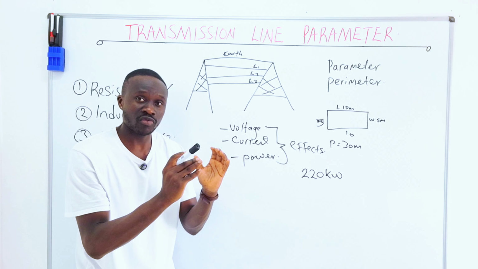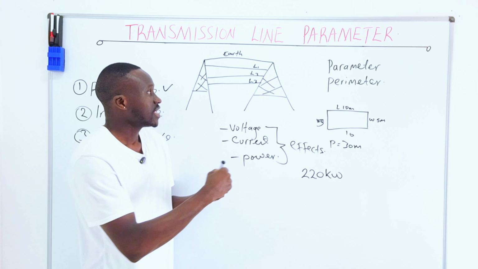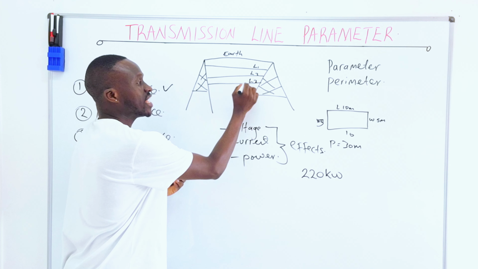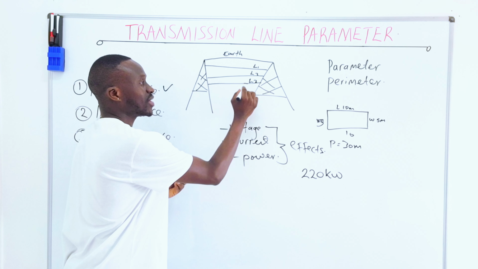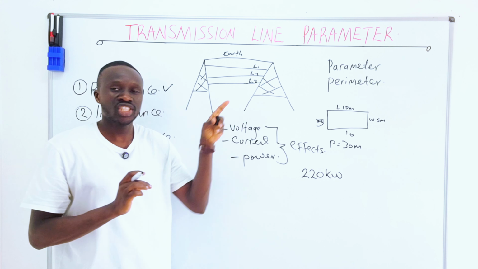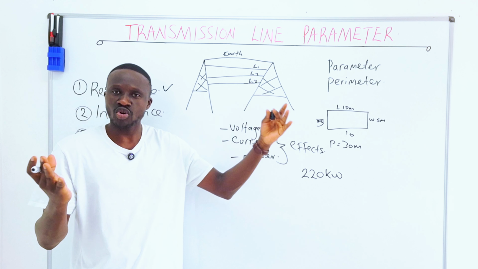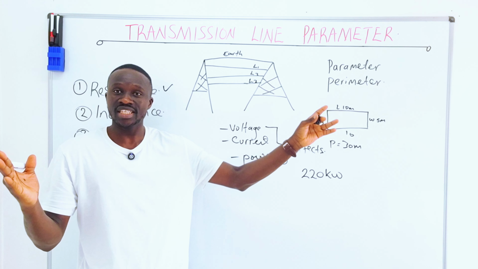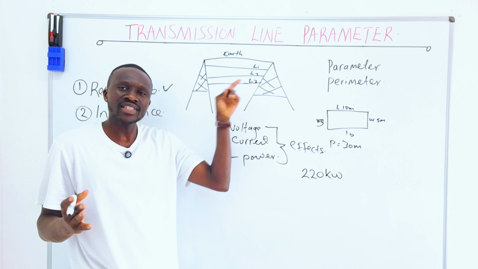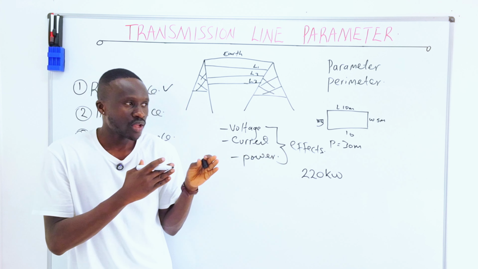The way we lose it is that these conductors will start getting red hot, changing current into heat energy, meaning electrical energy into heat energy. We are not using this conductor for heating, we are just transmitting. We want the current to reach the other side, but the resistance inside the conductor makes the current struggle to pass through.